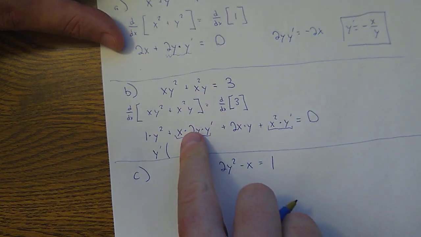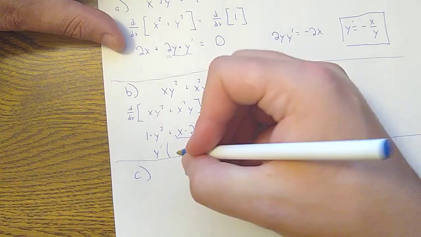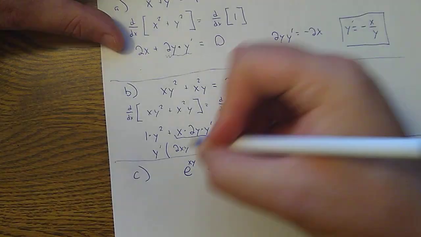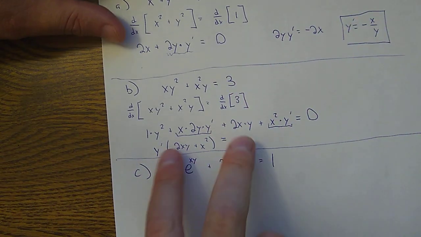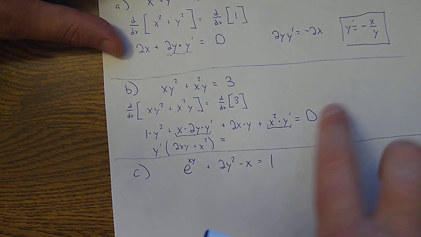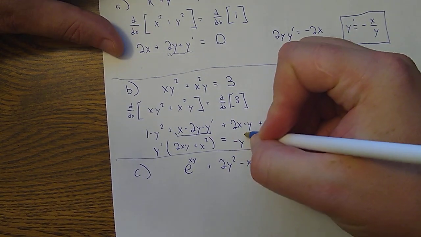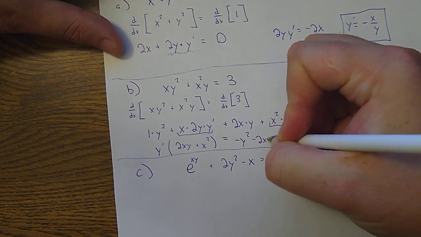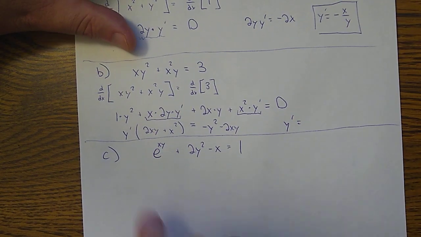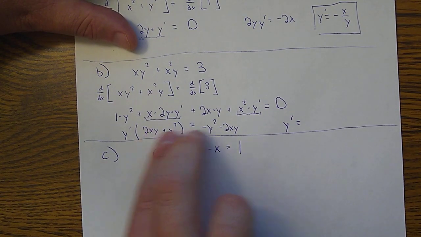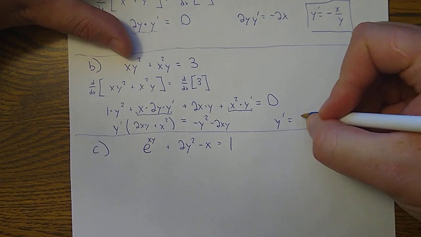If I factor y prime out of these two underlined things, I'm going to have 2xy plus x squared. And that's going to equal this stuff that I moved over here, negative y squared minus 2xy. Finally I solve for y prime by just dividing by this.